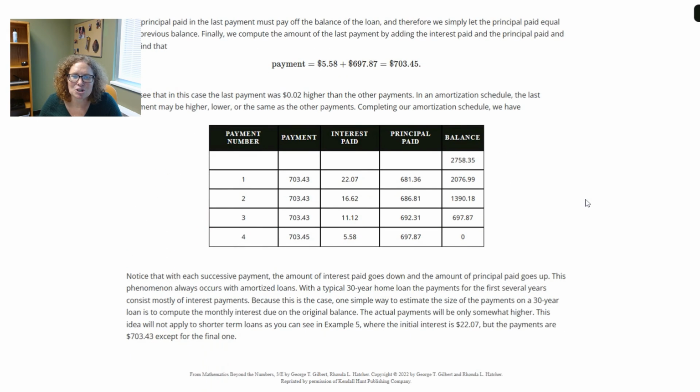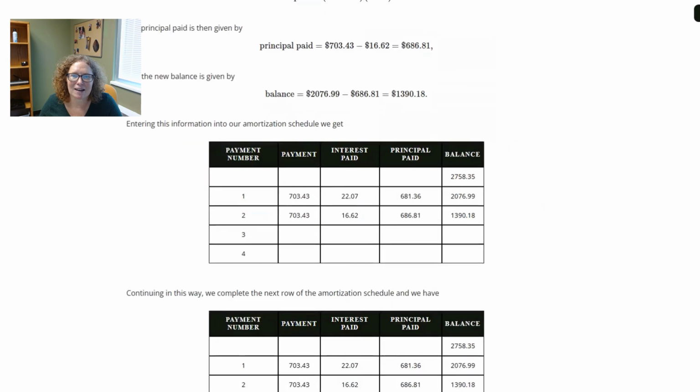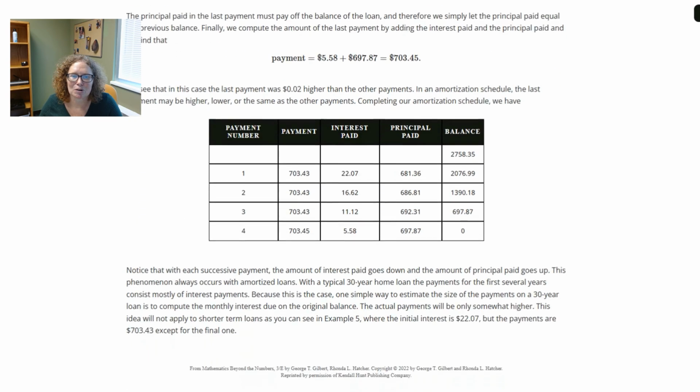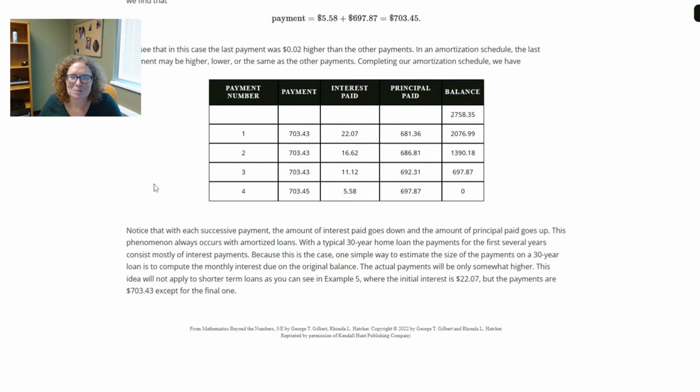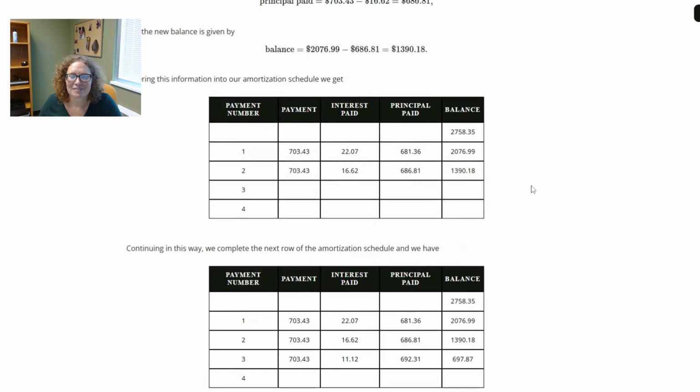And so then you can get a chart and you can figure out how long it is going to take to pay off that amount. And so here it tells you that after payment number 4, which would be really nice, you would be able to pay it off.